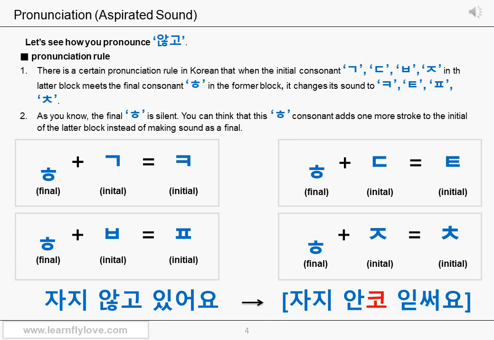So g becomes k, d becomes t, b becomes p, j becomes ch. I call it aspiration or aspirated sound.